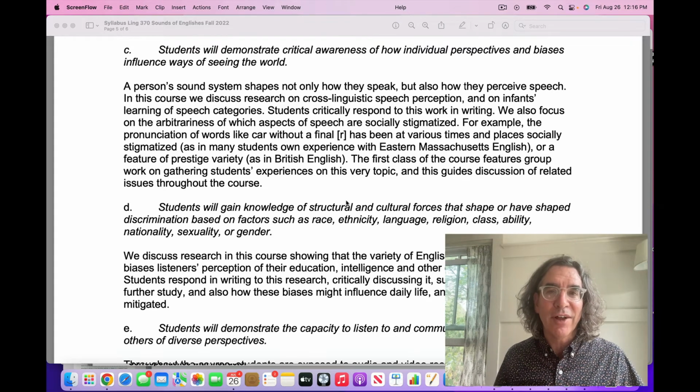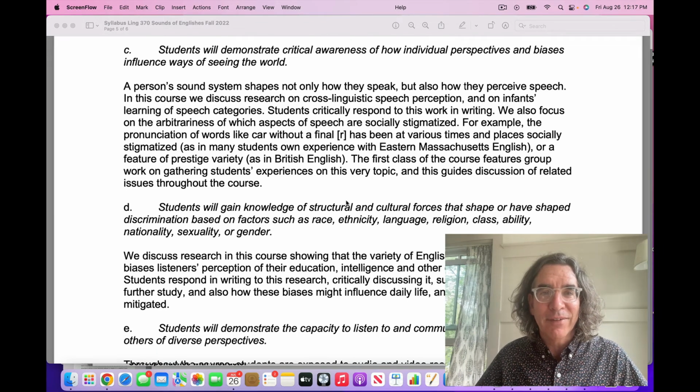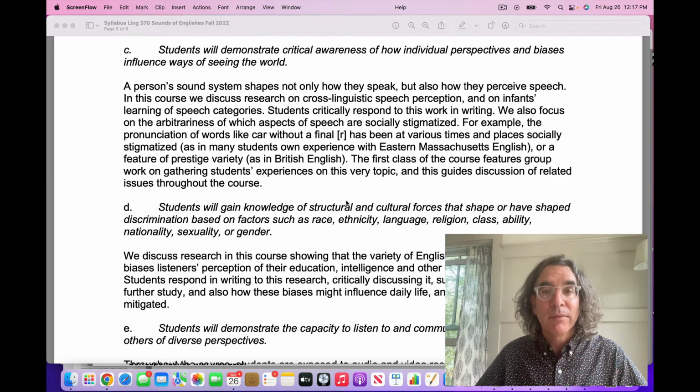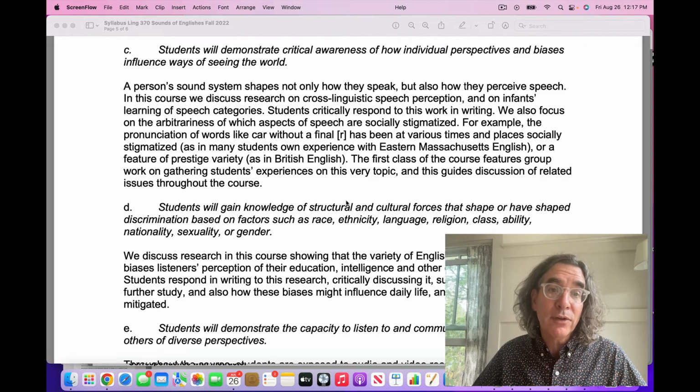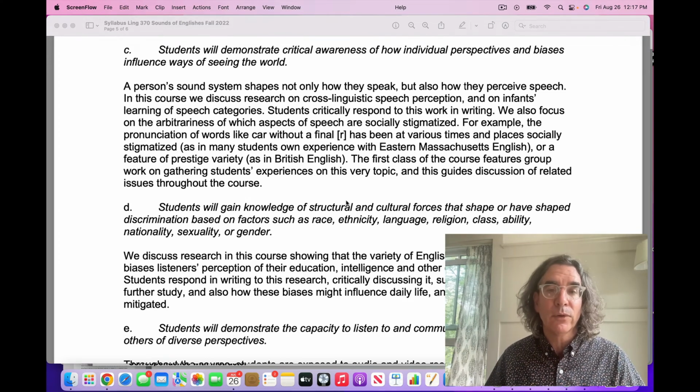The example that we'll talk a lot about in this first section of the course is how the pronunciation of words like car without a final R can be either socially stigmatized, as many students here have an experience of with Eastern Massachusetts English, or can be a feature of a prestige variety, as in British English. This will come up right in the first section of the course.